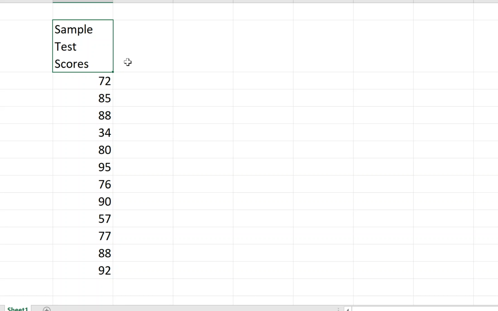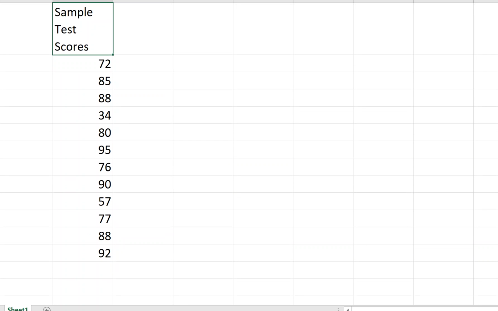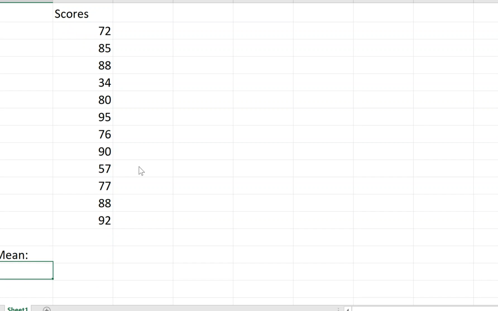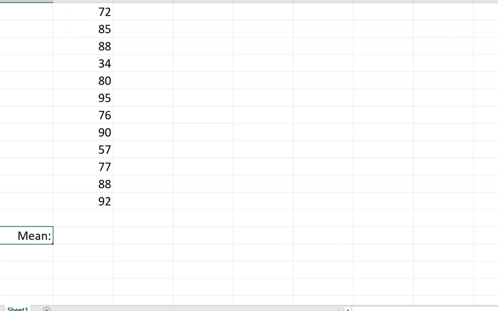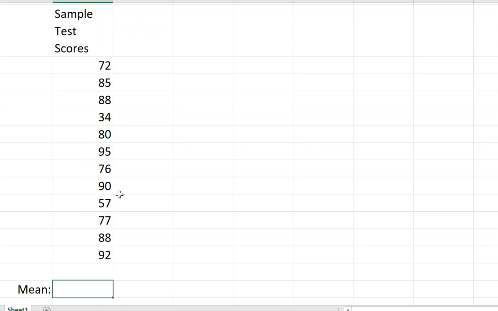Okay, so the first thing we're going to do is, if I want to know on average how far each of these is from the mean, then why don't I go ahead and calculate my mean? And so the way to do that, you know how to calculate mean. You just add the data values and divide by the number of data values. So I'll do that down here. So the mean will be the sum of these data values.